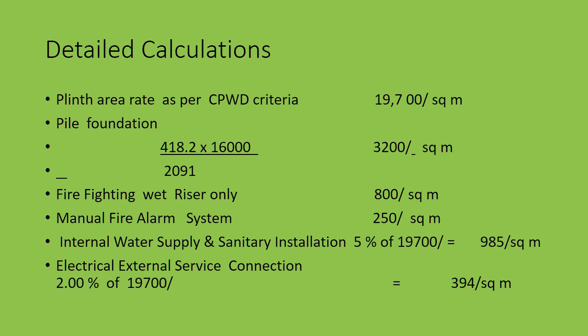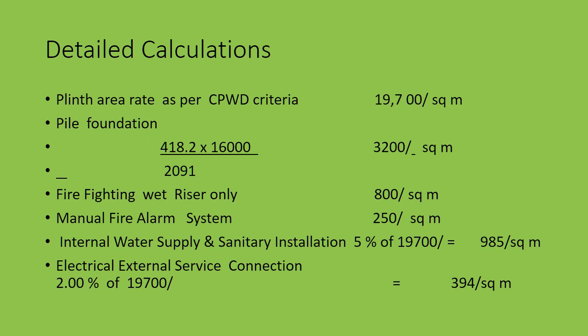Detailed calculations. Plinth area rate as per CPWD criteria is 19,700. Pile foundation, as explained in case 1: the ground floor area into the rate for the pile foundation, divided by the total built up area, is equal to 3,200.